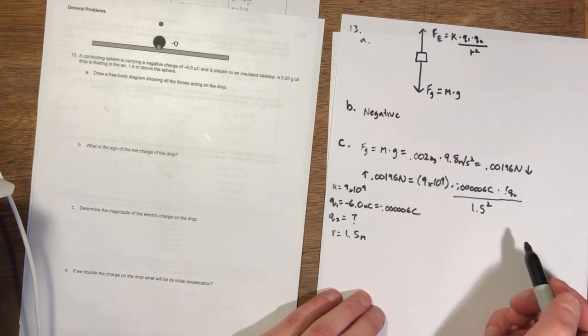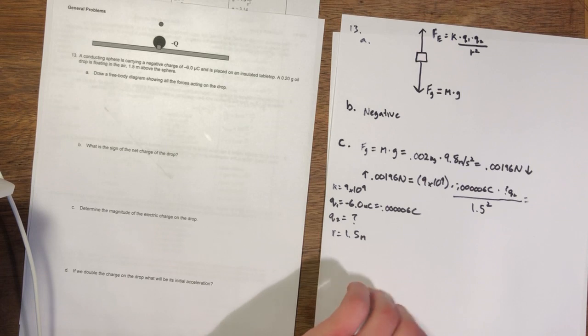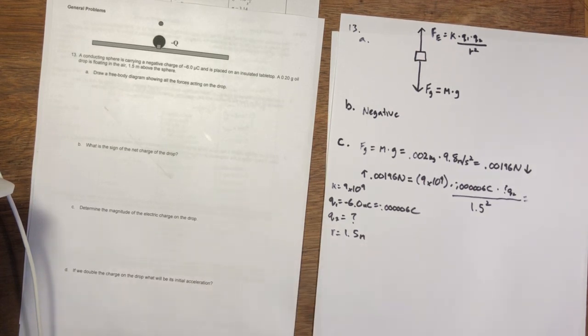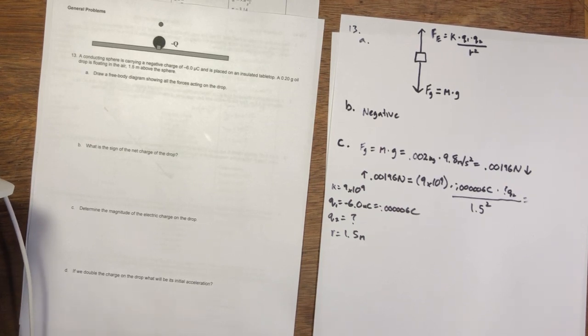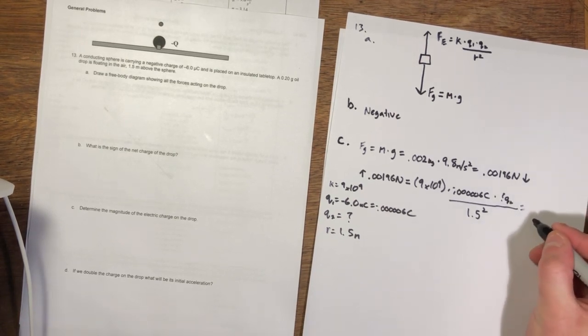If you do this, so this times this. So we're going to get 2.25 here.